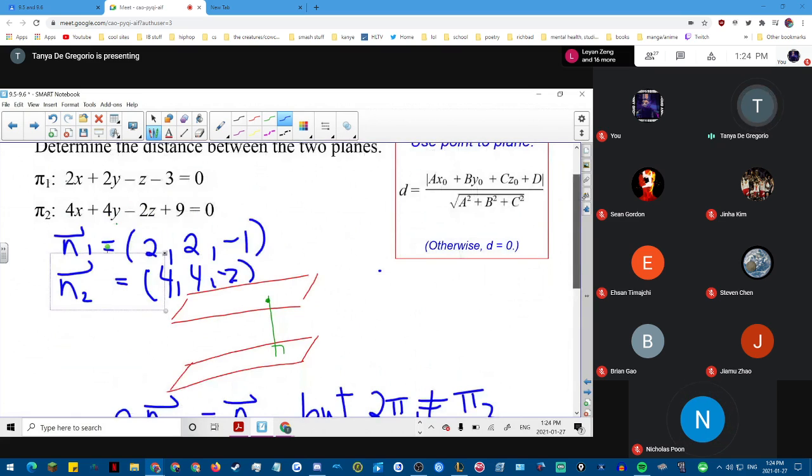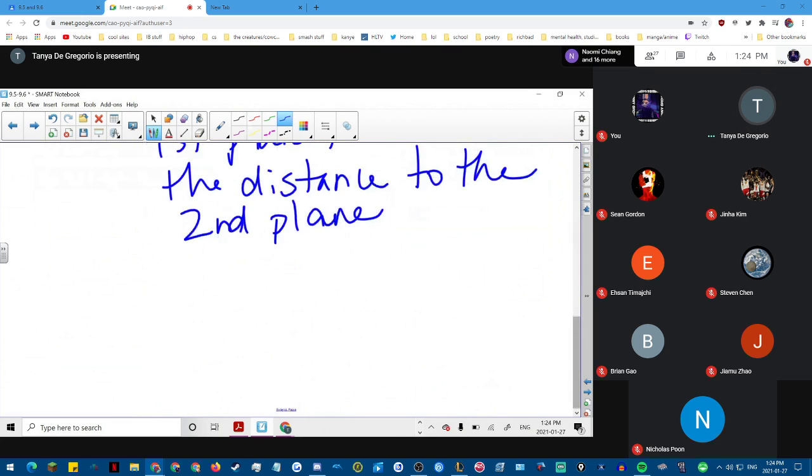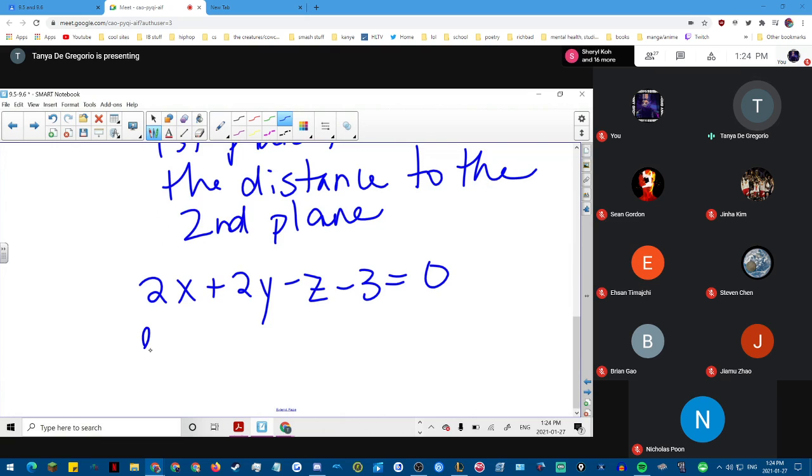Thank you. So, to find the point on plane, guys, you guys know, just set x and y equal to 0, and then solve for z, or set y and z equal to 0 and solve for x, right? Or choose whatever random values you want and solve for the other, right? That's how we find points on the plane. Good. So here I'm going to take 2x. I'm calling this my first plane. And I'm just going to let x equal 0, y equal 0, and I'm going to solve for z.